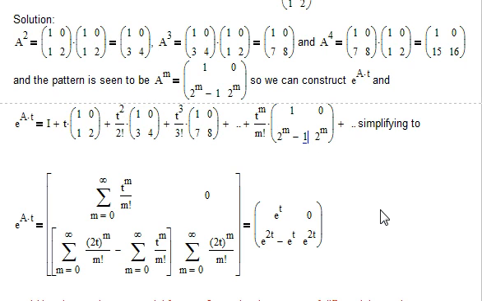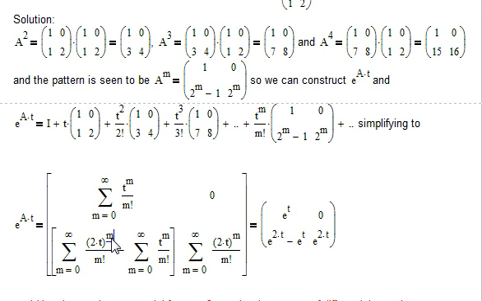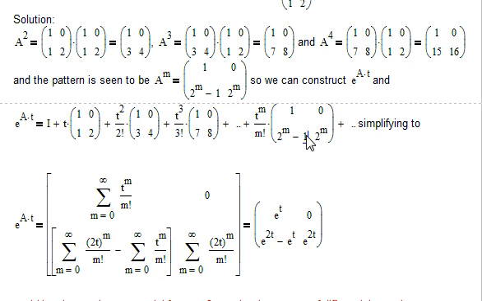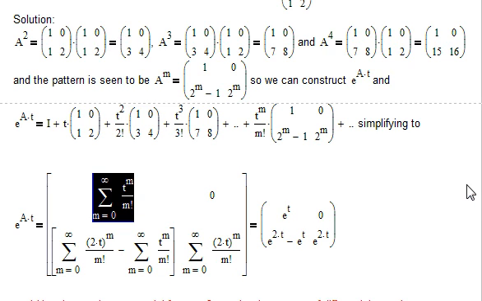So notice that, because of this 2 to the m, that winds up being the sum from m equals 0 to infinity of (2t) to the m over m factorial, minus, well, this one was an obvious one, and when you put the 1 in there we just get minus the same thing as we got here.